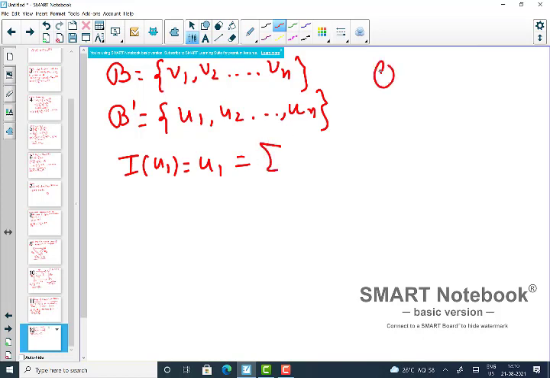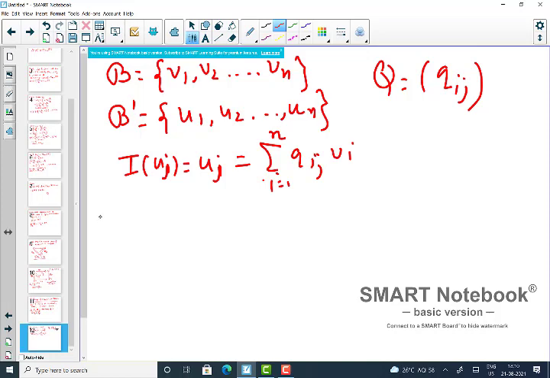So let me write Q as Qij. Then this is nothing but the sum of Qij times vi, and this is I of uj, i equal to 1 to n. Okay, so this is clear. So it's changing from B dash to B, right? The change of basis matrix.